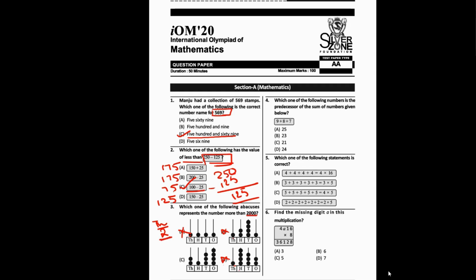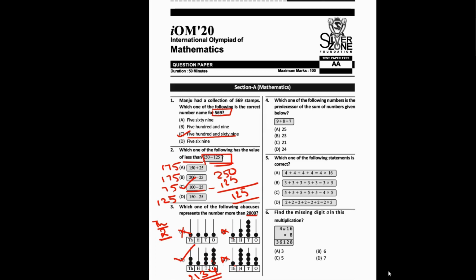So C is the answer. What is the number shown here? 2 in the thousands place, 1 in the hundreds place, 3 in the tens place, and 4 in the ones place. 2134. So this is the number shown. Hence, this is more than 2000. So that's our answer.